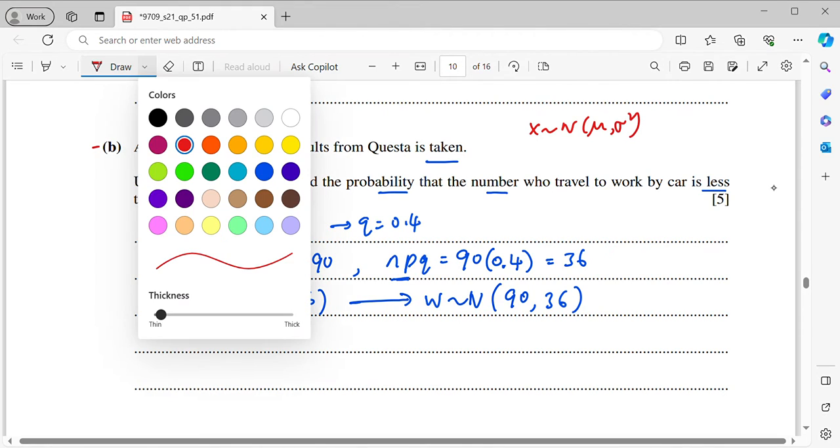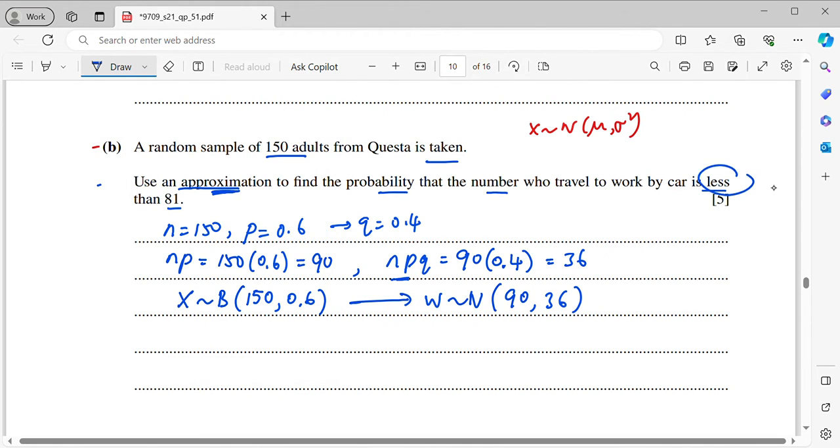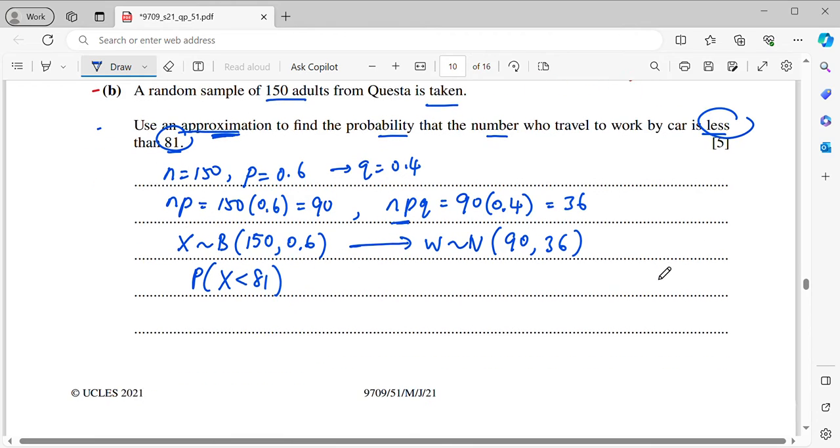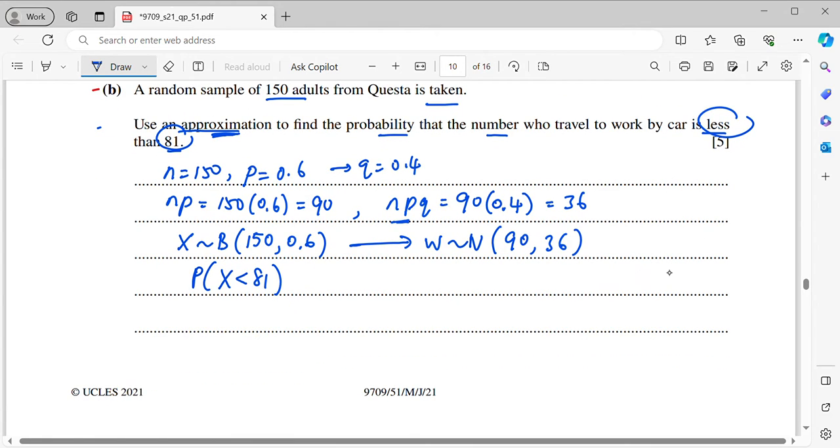Okay, so now I need to count which is less than 81. So P(X less than 81). But then since we have approximated it to normal distribution, it's compulsory to consider the continuity correction.